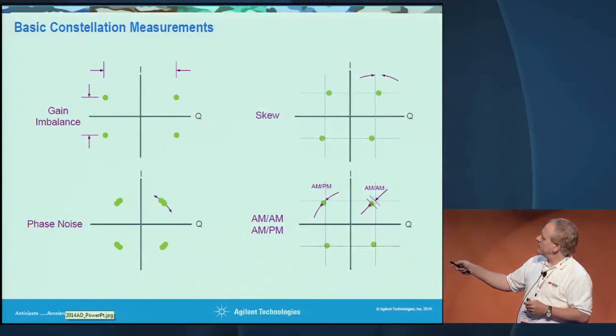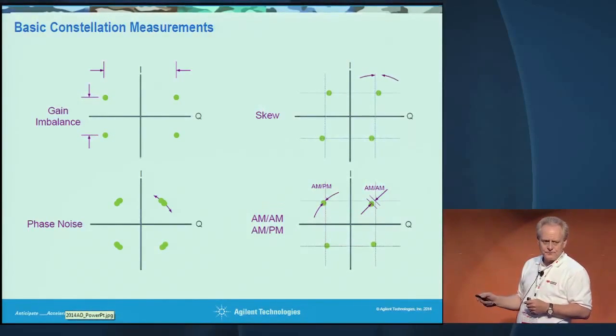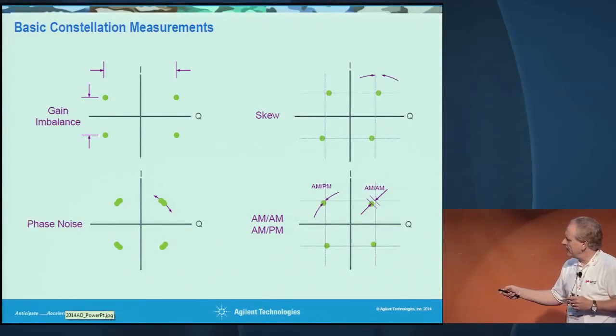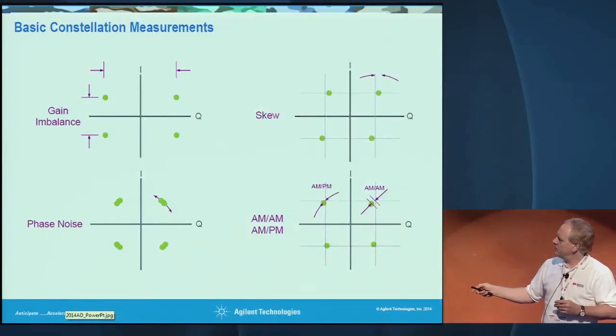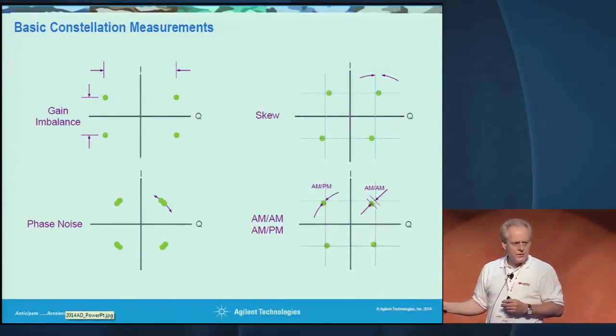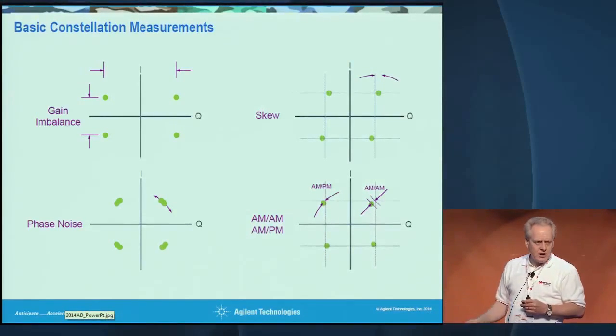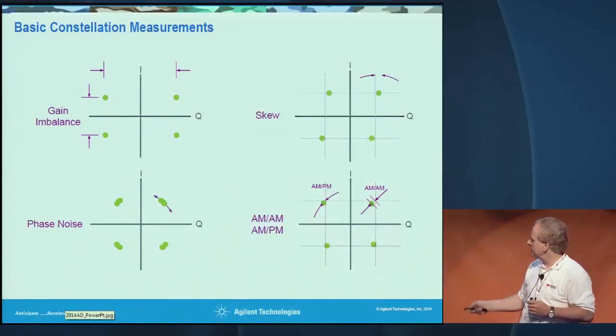gain imbalance, a difference in the gain between I and Q, because you're working in an I and Q plane. You're working on skew, rotation, phase noise tends to speed up or slow down your carrier, which rotates you randomly along a circle and smears you along a circle.